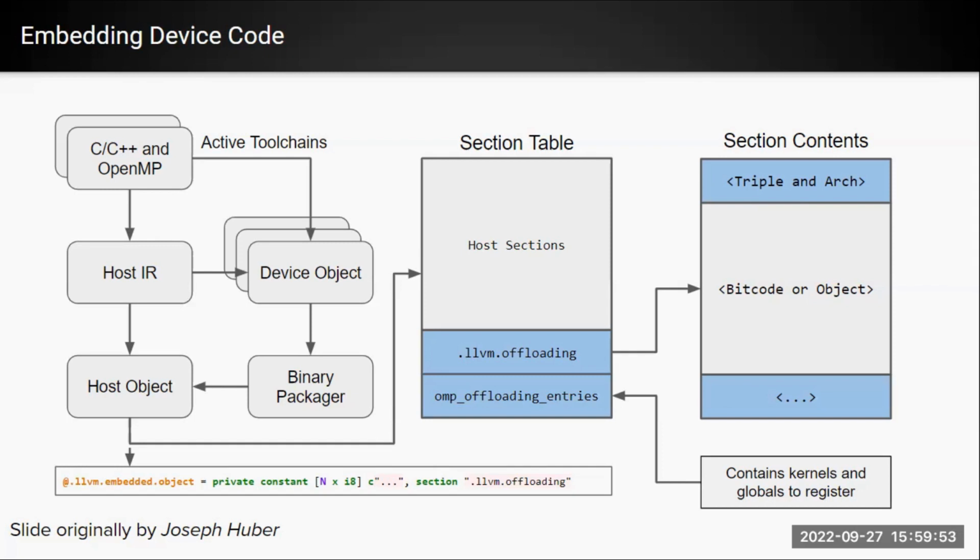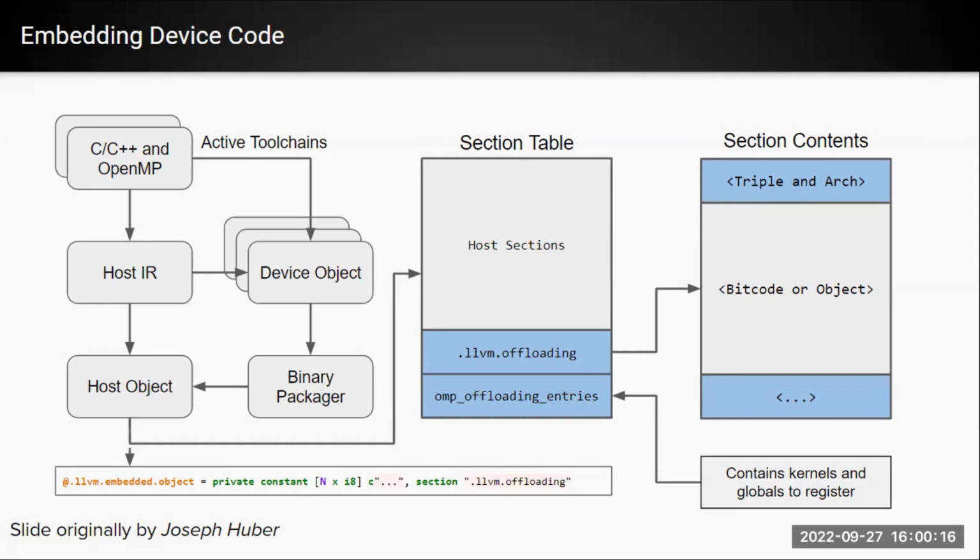So we basically use section names to pack things in the right place. We have one section that describes all of the kernels and global variables that have to be registered with the runtime, because the runtime needs to know about certain global variables and what kernels are available and so on and so forth. So we have a section that lists them effectively.